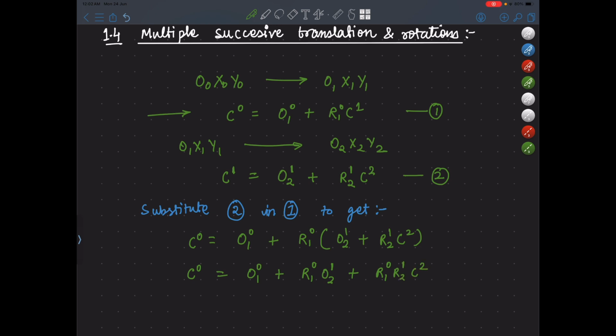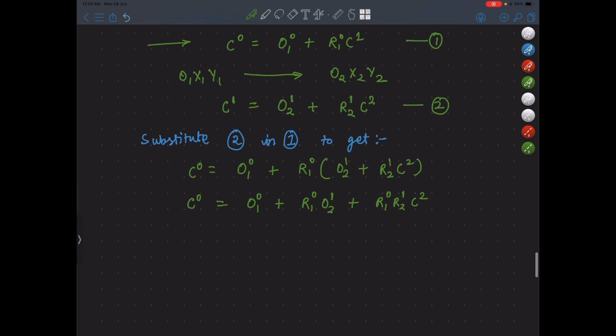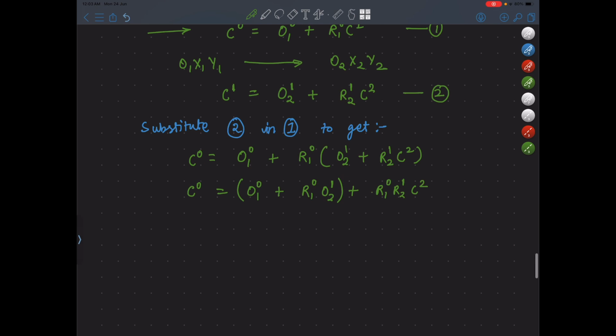All right, if you look closely, we can divide this expression into two parts. One, this, because it has the translation component of the frames, looks a lot like translation, and this looks a lot like the rotation part.